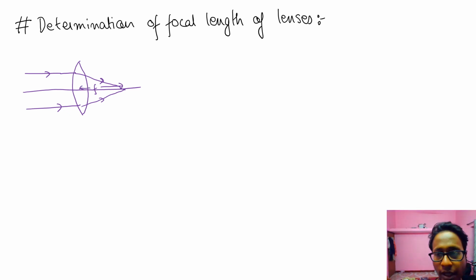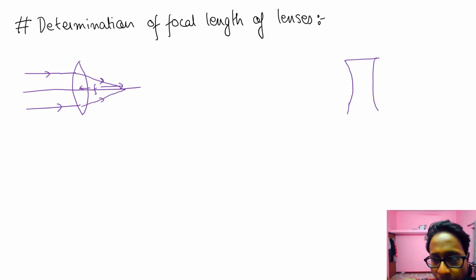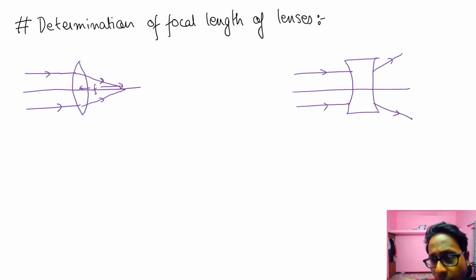Similarly for this kind of lens, rays coming from infinity would appear to converge at a point, and this length is nothing but focal length.